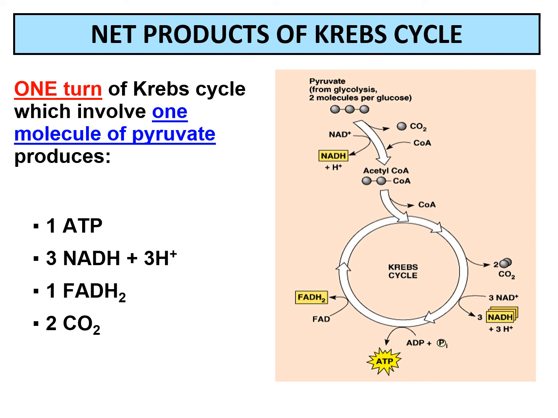So each turn of Krebs cycle, 1 turn, means it involves 1 molecule of pyruvate, so we will have 1 ATP, 2 carbon dioxide, 1 FADH2 and 3 NADH. Okay.